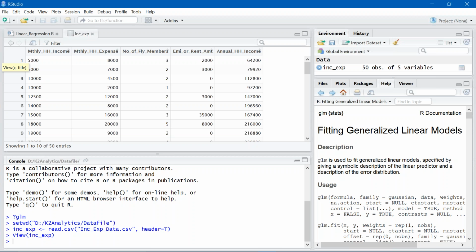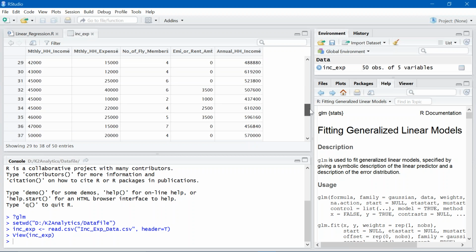Are they staying on an EMI or a rental basis? If they are paying EMI, what is the EMI they are paying every month? And if it is on a rental basis, what is the rent that is going out? And what is the total annual income of the family? So these are the data points that we have, and overall 50 observations.